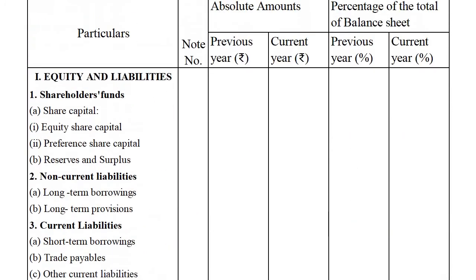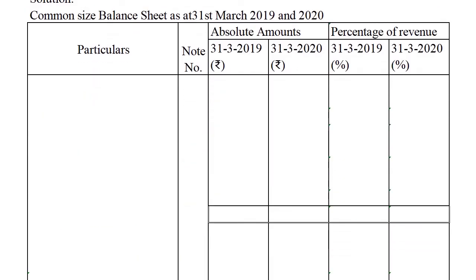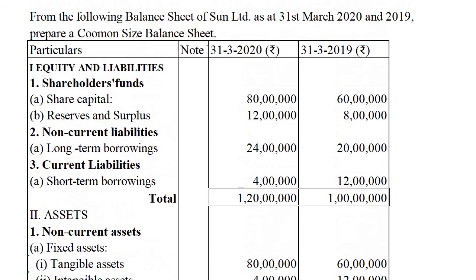So here is the format, and first item we know that equity and liabilities. In that next item shareholders fund. In that shareholders fund, first item share capital. So what is given here about share capital?